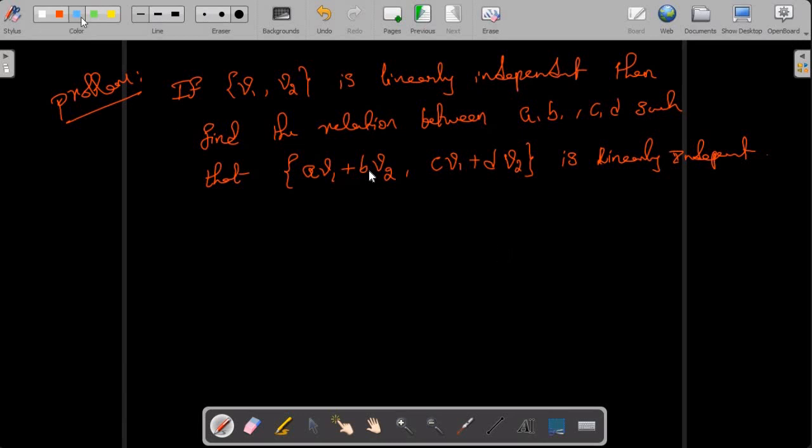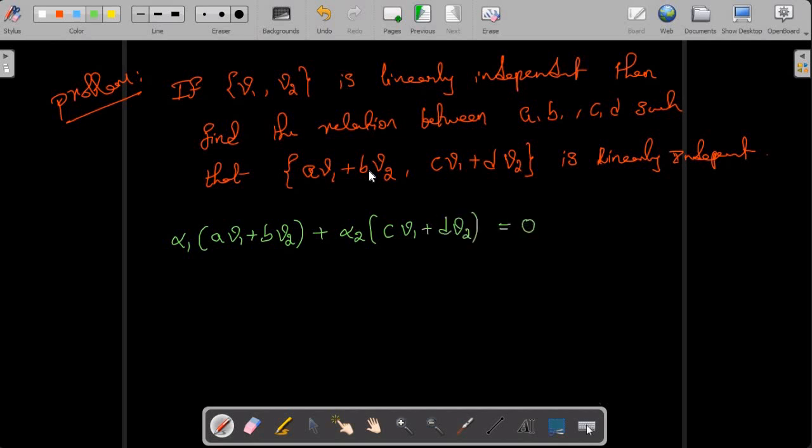Okay. So let us try to see what is the condition here. Our aim is that we want to have this guy as a linearly independent set. So let me start with a linear combination, that is alpha 1 into (A into V1 plus B into V2) plus alpha 2 into (C into V1 plus D into V2).